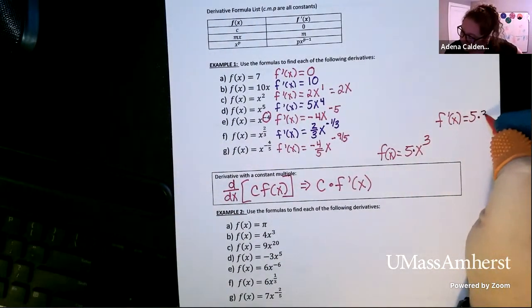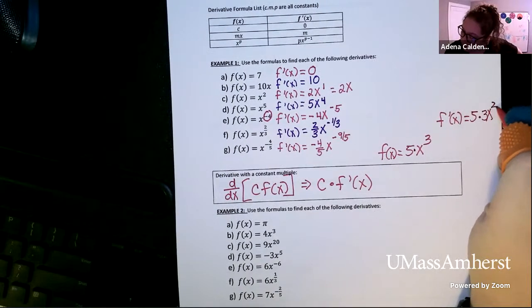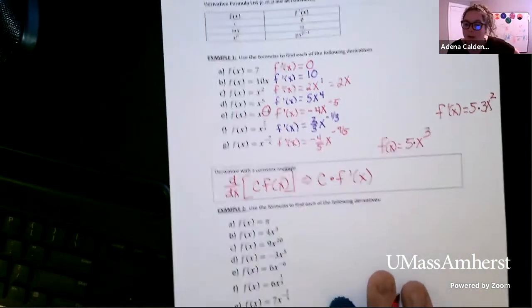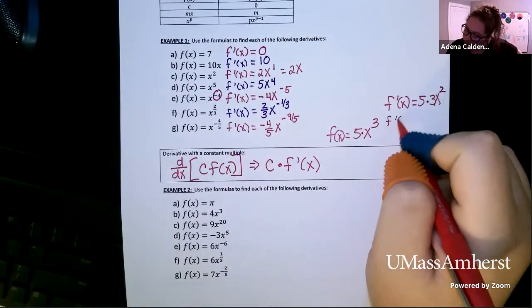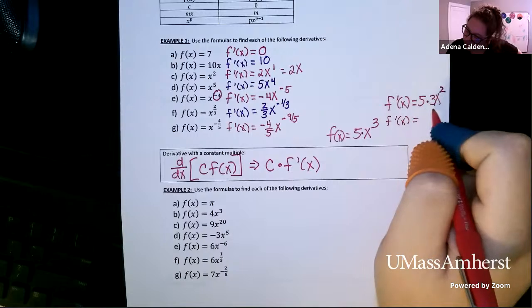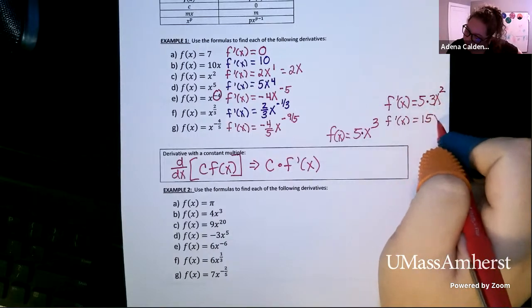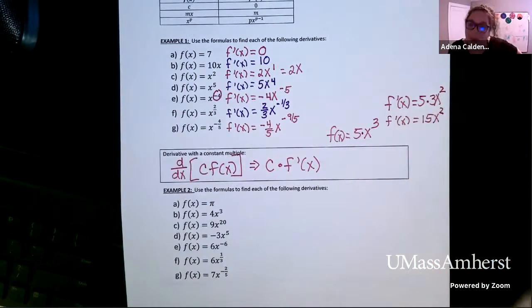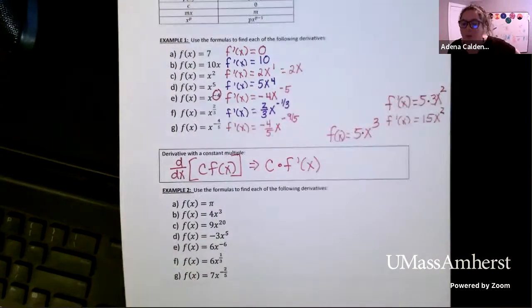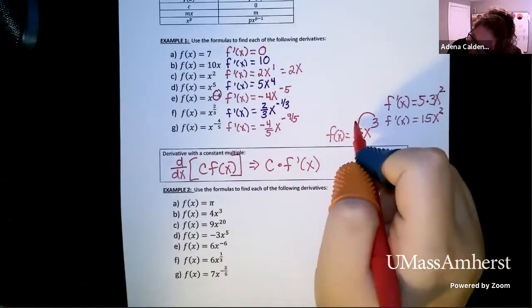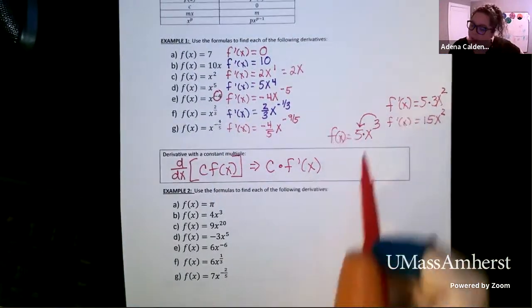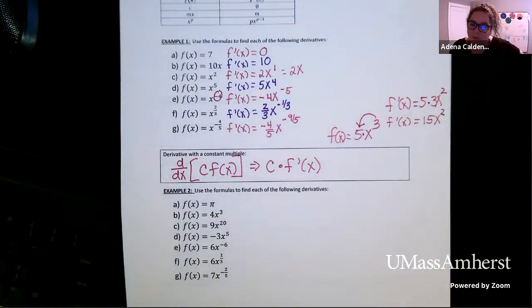Well, the derivative of this function is 3x squared, right? X cubed becomes 3x squared. And so we can simplify this by multiplying the 5 and the 3 together. So we get 15x squared. The way we usually think about this is that when the 3 comes down, when we're taking the derivative, it will multiply whatever is in front.